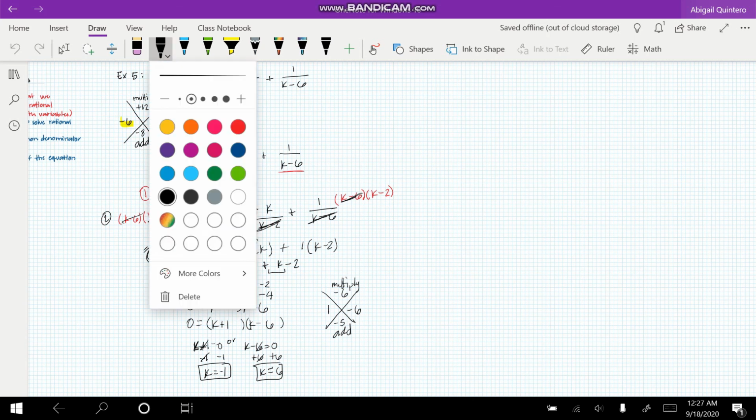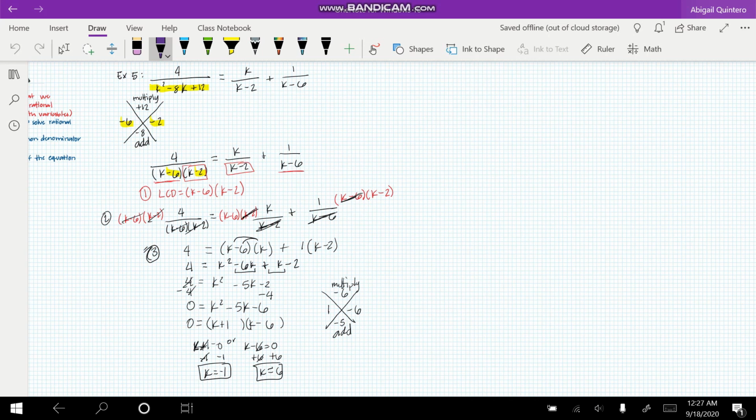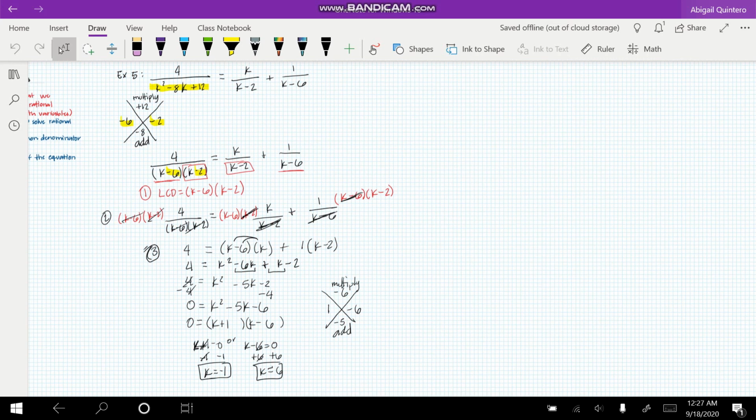Okay, so now that we have our two solutions, k equals negative 1 and k equals 6, I'm going to go ahead and plug in to check if they both work. By that I mean that I'm not going to have a 0 on the denominator if I plug them in. So for the first one, this is check. K equals negative 1.